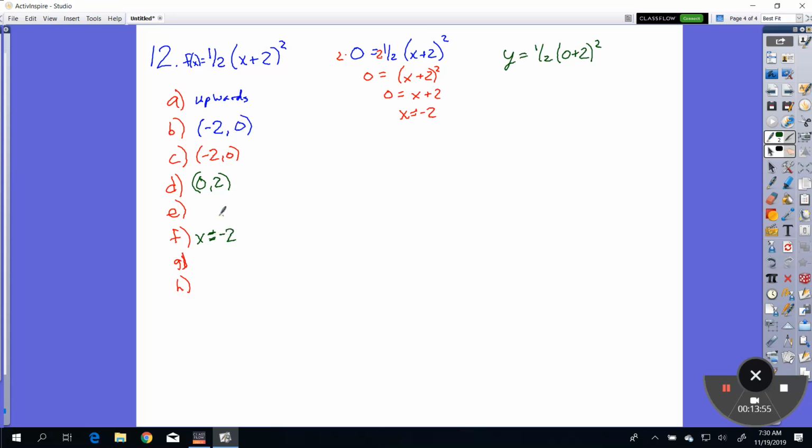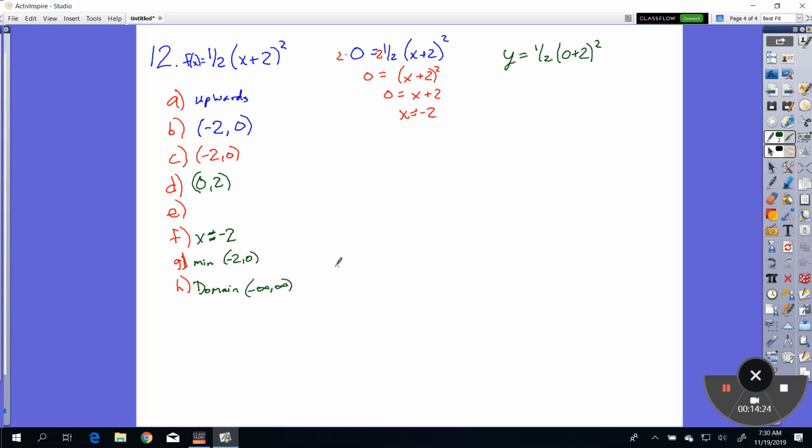G, determine the minimum or maximum value. Since this opens upwards, we know that the vertex is a minimum. So the minimum value is at negative 2, 0. And the minimum y value is 0, right? So the minimum occurs when x is negative 2 and that value is 0. H, write the domain and range. So the domain, this thing goes to the left forever and it goes to the right forever.